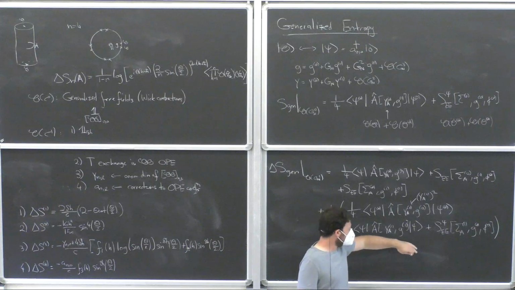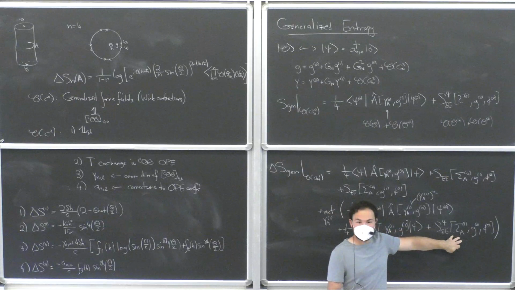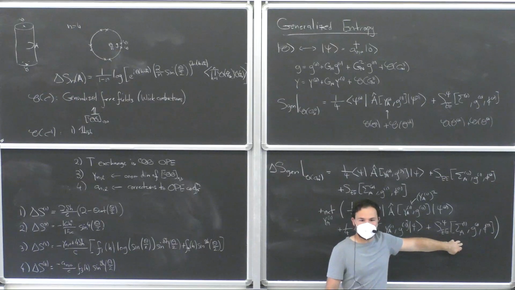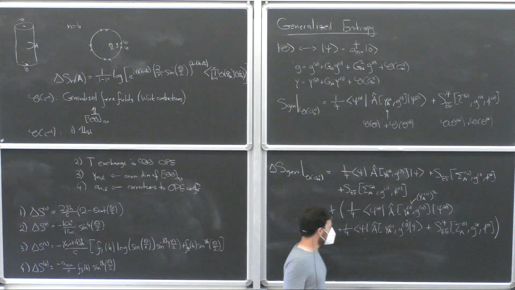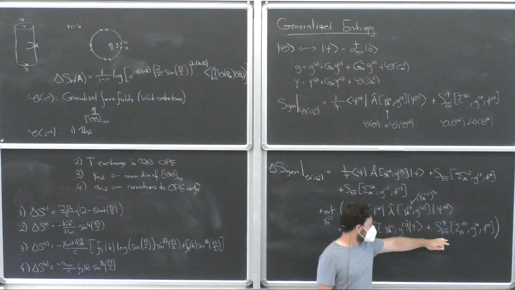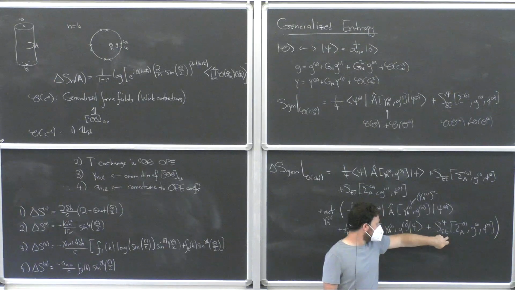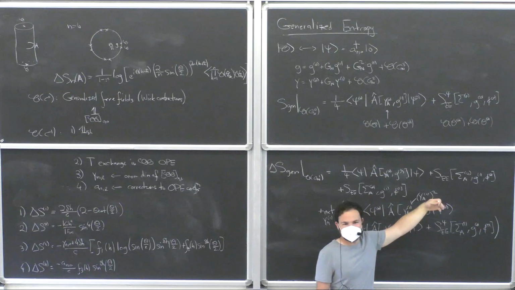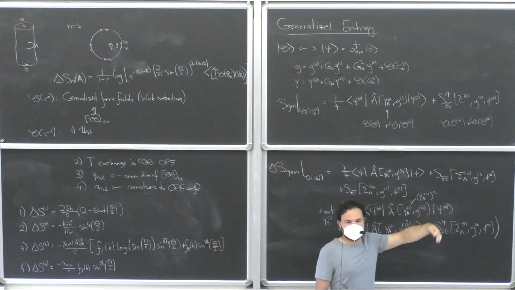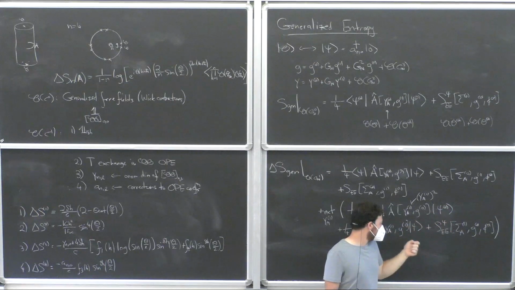At leading order, when you compute this bulk entanglement entropy, let's say this piece, the shape variation, which I think is the term you're worried about, where now you have a new surface, sigma A1, that term actually doesn't get any contribution from the vacuum. You can compute this perturbatively: there's a first term which just comes from the vacuum, and then there are subleading corrections that come from the fact that you're in a non-trivial state.